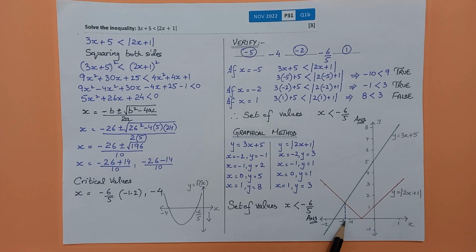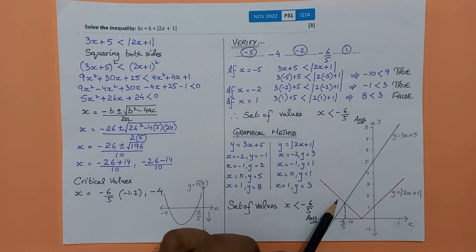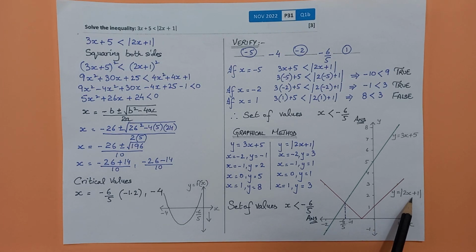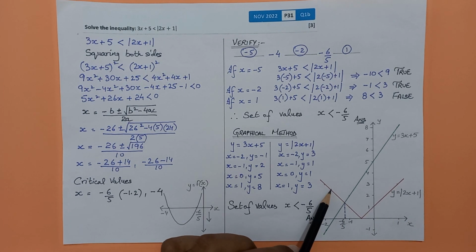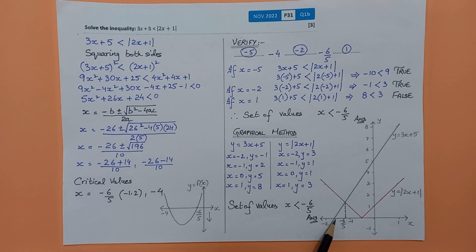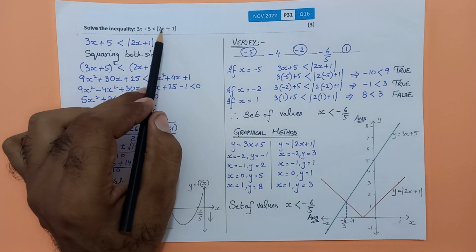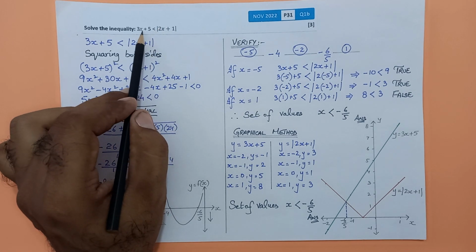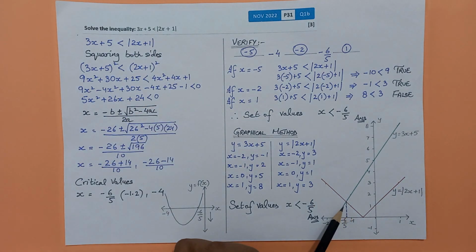And if we just take any value less than minus 6 upon 5, that is, the red line is above the green, and this red line is modulus of 2x plus 1. That means over here we can say the modulus 2x plus 1 is greater than this one. And if you just observe the question, the modulus 2x plus 1 is greater than 3x plus 5, or in other words we can say that this green line 3x plus 5 is below this one.